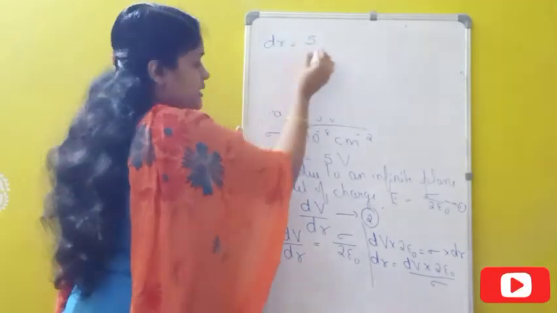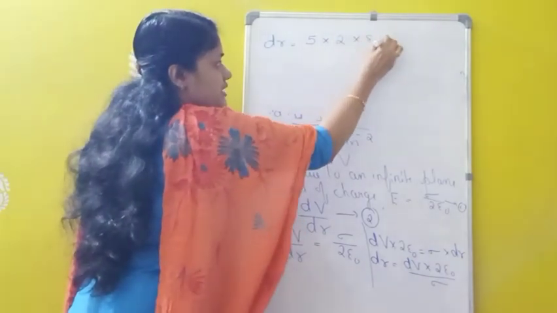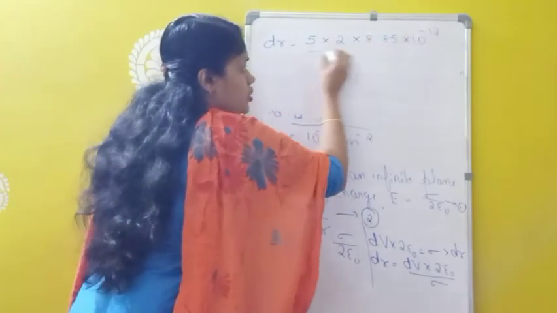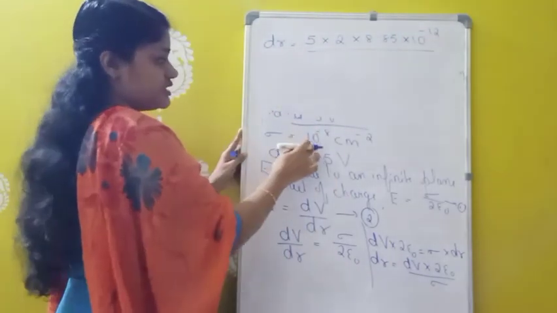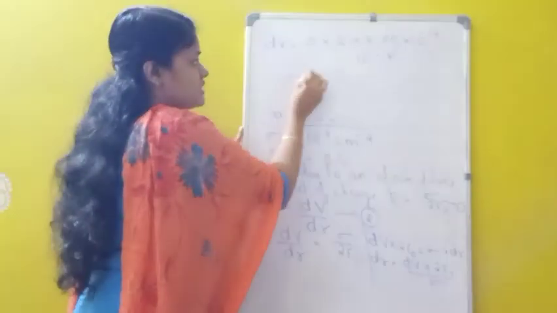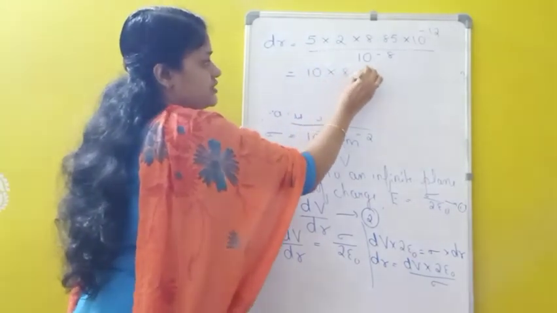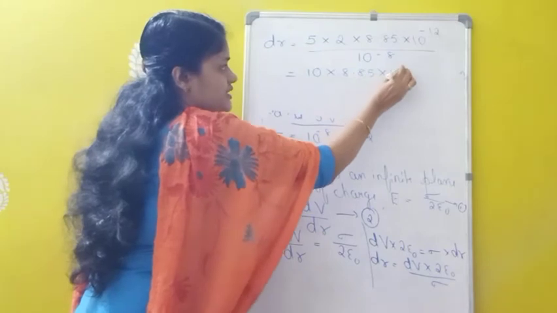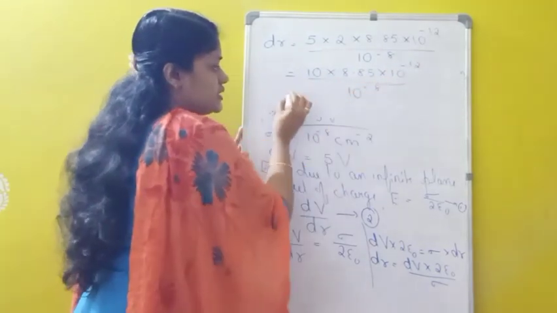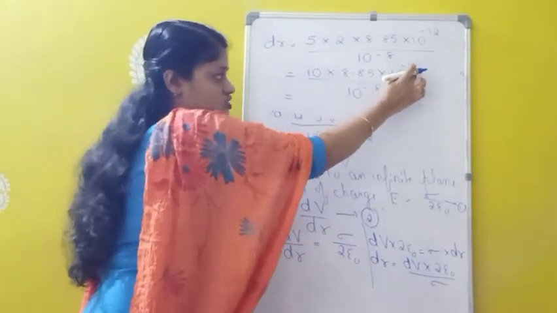So 5 into 2 into epsilon 0, which is 8.85 into 10 raised to minus 12, the whole divided by sigma, which is 10 raised to minus 8. 5 into 2 is 10, so 10 into 8.85 into 10 raised to minus 12 divided by 10 raised to minus 8. Now we can simplify the powers of 10. Here we have 10 raised to minus 12 and 10 raised to 1.